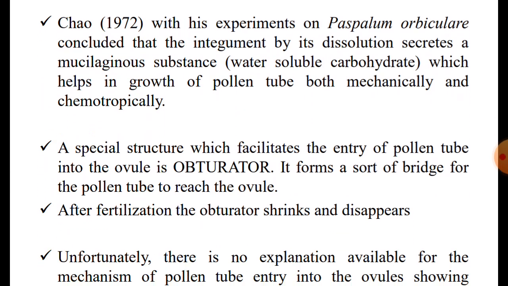Now, it was Chow 1972. He concluded with his experiments on Paspalum orbiculare that the integument by its dissolution secretes a mucilaginous substance, that is a water soluble carbohydrate, which helps in the growth of pollen tube both mechanically and chemotropically.